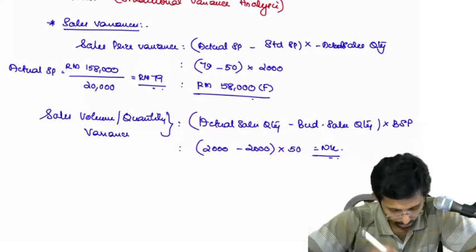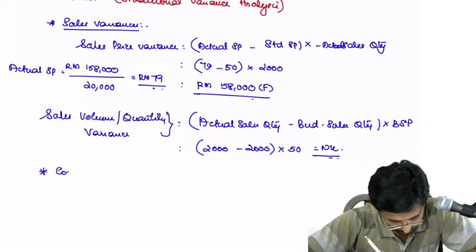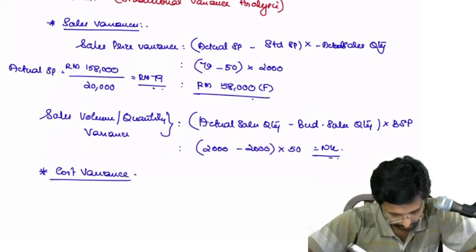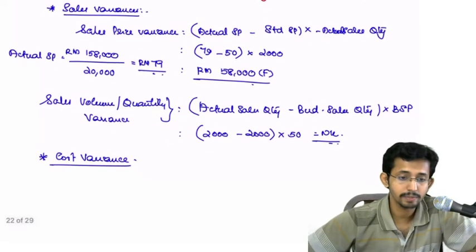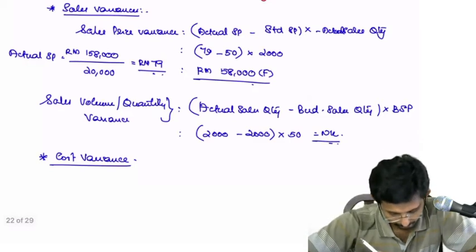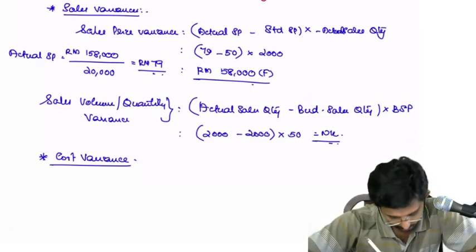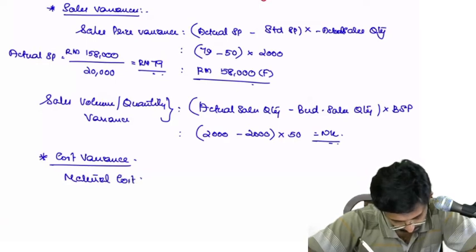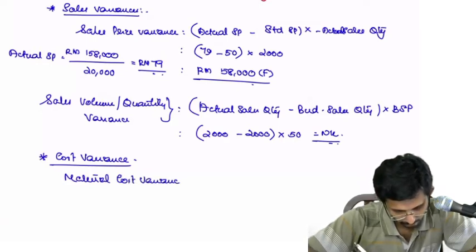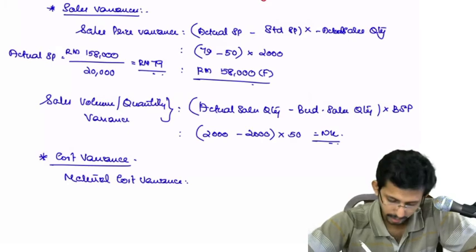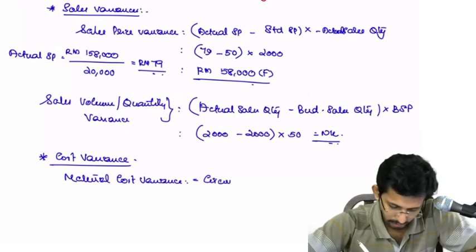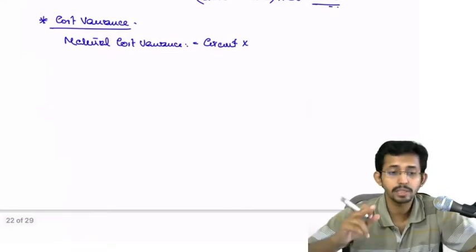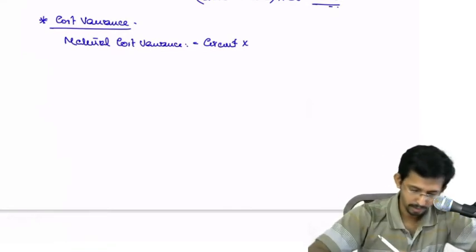Now cost variance. Material cost variance. Which is the material here? Circuitex. Okay, material cost variance, you have usage variance as well as price variance.